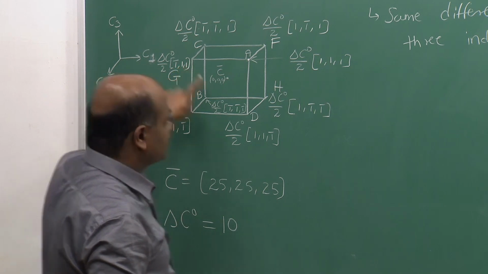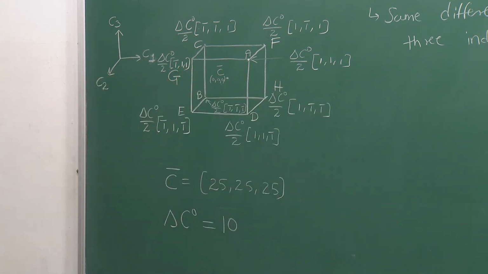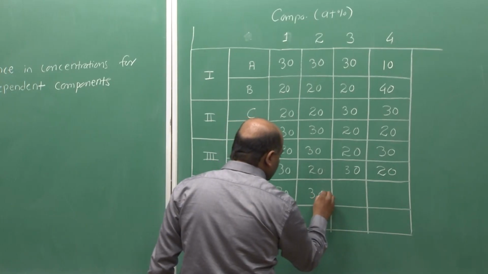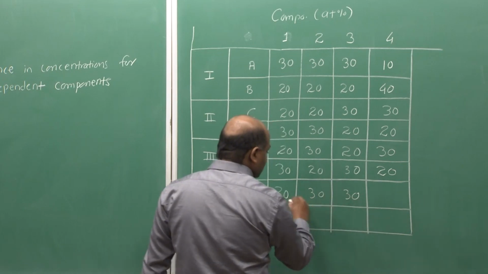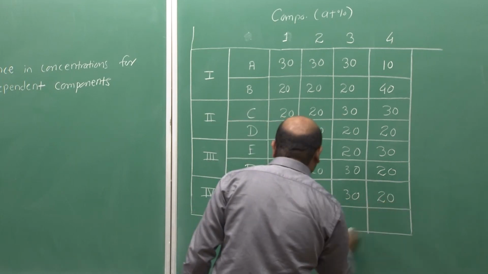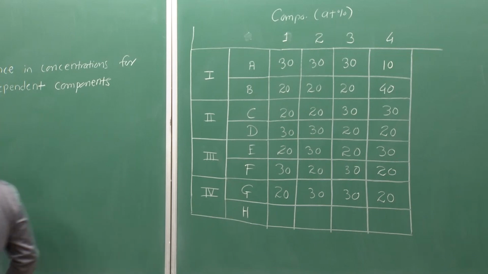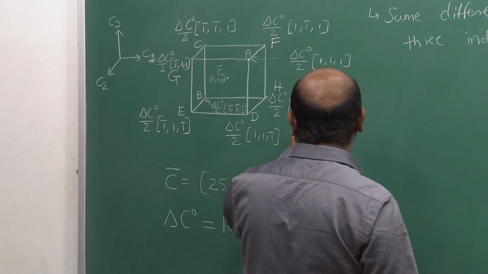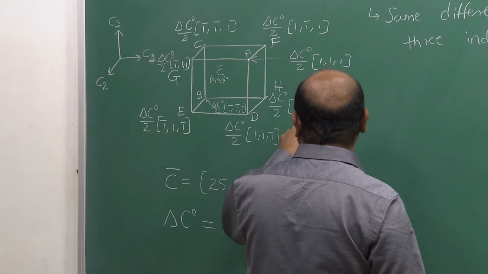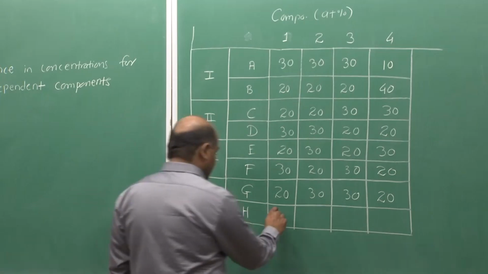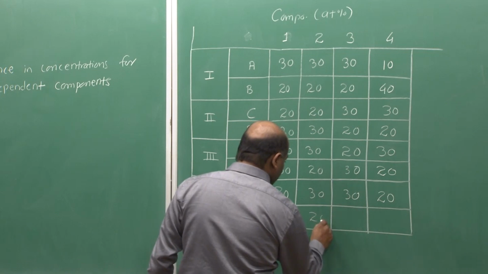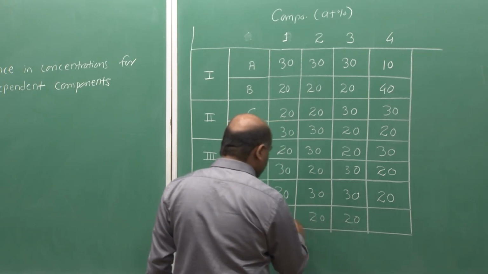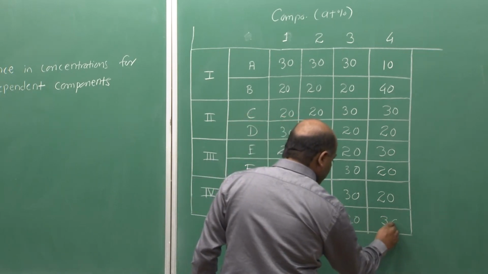So, 20 30 30. So, the remaining is 20, and H is 5 -5 -5. So, 30 20 20. This will be 30.